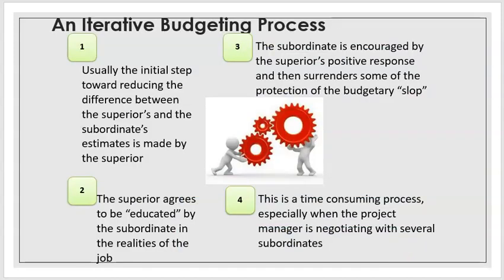Okay, so we'll look into an iterative budgeting process. These are the steps usually taken by managers in estimating, so that from this estimation they can create a proper budget planning. Normally, steps are taken toward reducing the difference between superiors and subordinates.